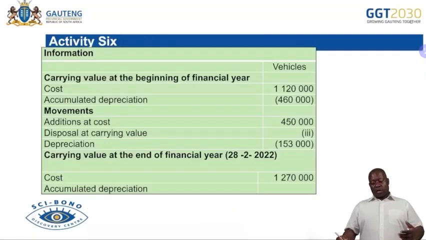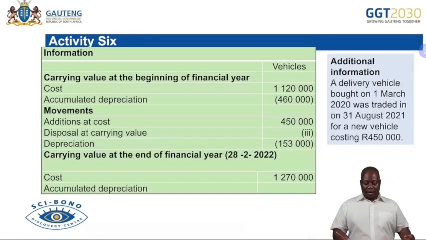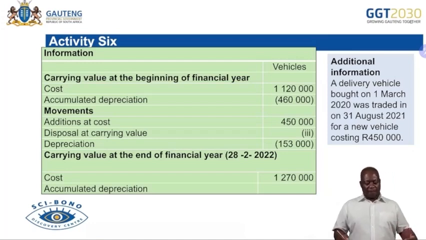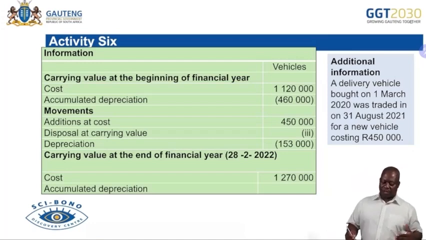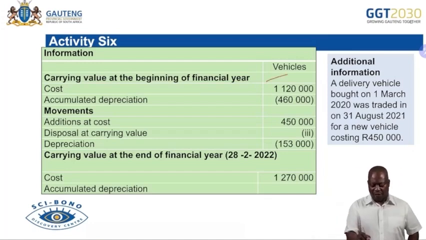Now, let's move on to activity number 6. This one, let's go through it again, this time together. They are saying here, it's about vehicles. We are given balances, but check what they are doing. They are not giving us this information. Not that they can't, only that some things we need to do on our own.